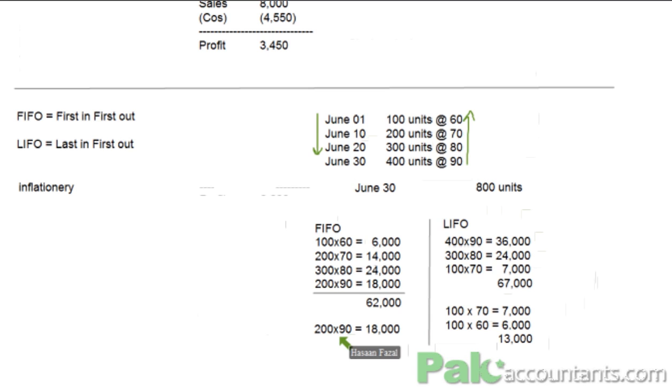That's why International Accounting Standard recommends using FIFO method, because if you follow that, you will be valuing your stock on latest price basis. Okay, that is the reason. Otherwise, International Accounting Standard doesn't want your profits to be more. It's not the purpose behind it. The real purpose is that your valuation of stock will be based on latest prices instead of old and outdated prices.